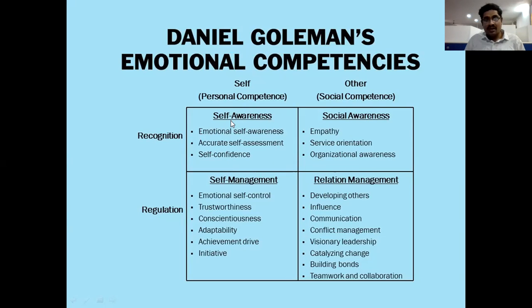And in personal skills, we have emotional self-awareness, accurate self-assessment, and self-confidence. In social skills, empathy or sympathy, service orientation, organizational awareness. To maintain self-management, emotional self-control, trustworthiness, conscientiousness, adaptability, and achievement drive and initiative.